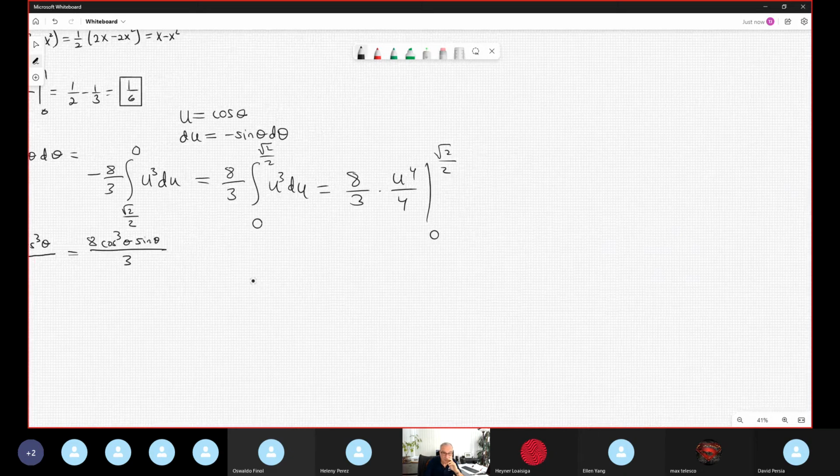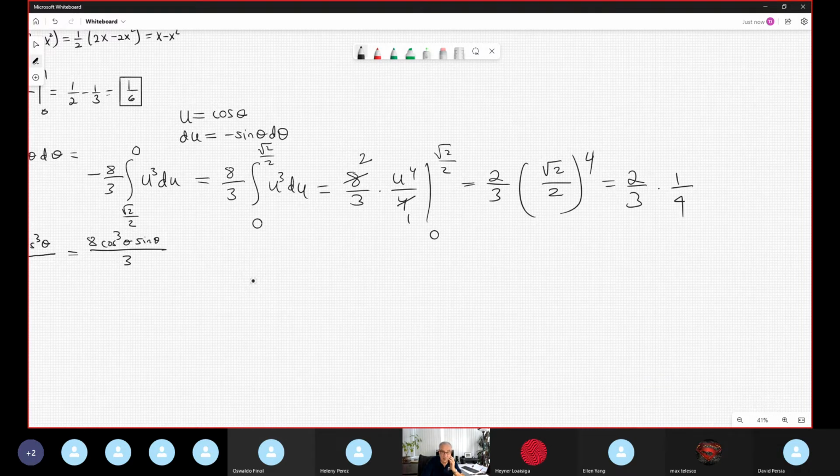This 4 and this 8 somehow cancel. It's 2 thirds. And you evaluate radical 2 over 2 raised to the 4 power, which is, let me see, 1/4. The 2 thirds times 1 over 4.